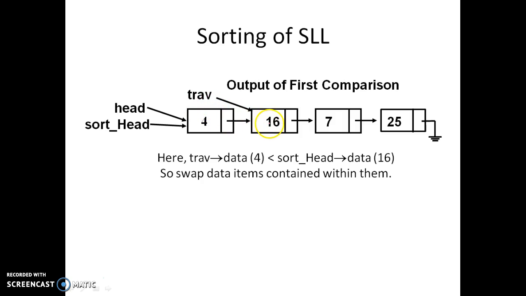Now trav is pointing towards the second. Then after this trav will be moved towards the next, that is, it will point to the 7, then 7 will be compared with the 4, then it points towards the 25 and so on.